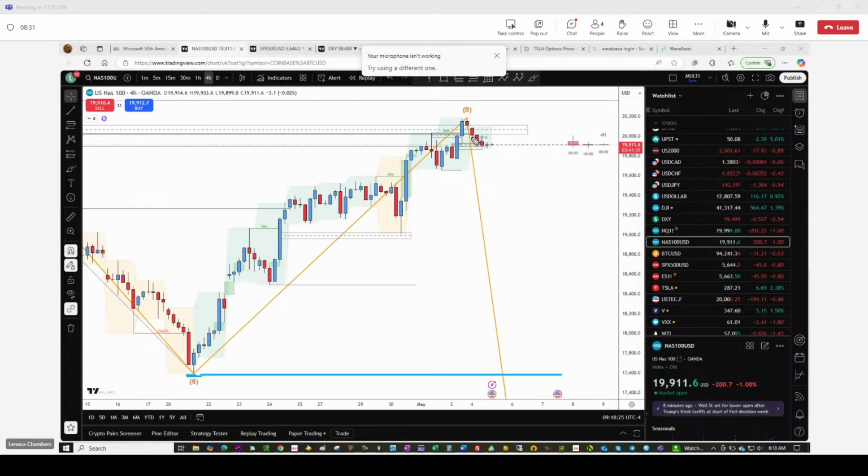If I'm correct and it does come down, that's not so great, but the charts are looking a bit lean to the downside after this big run to the upside. So we could see something play out like this. Down, down, down. Something like that is possible.